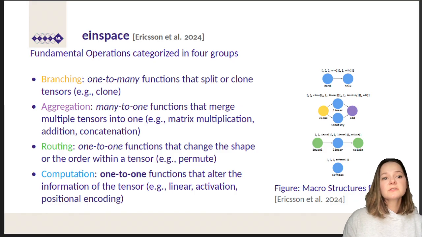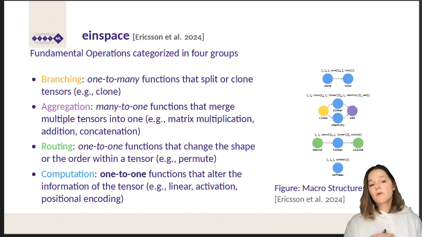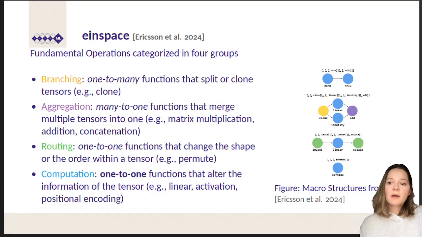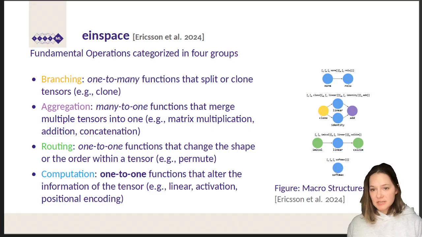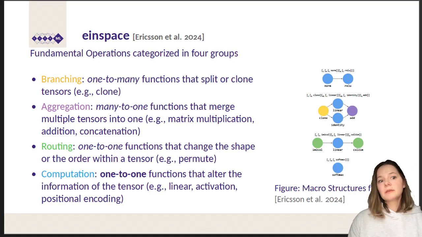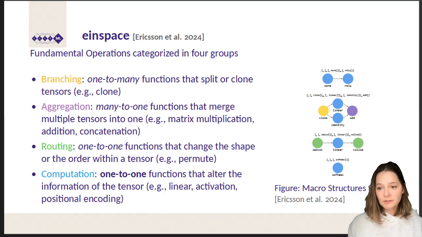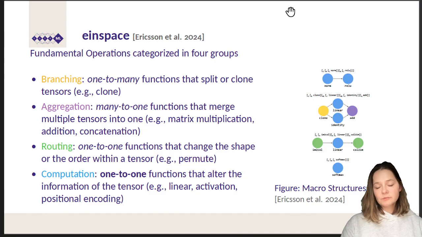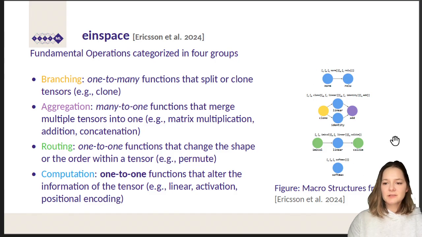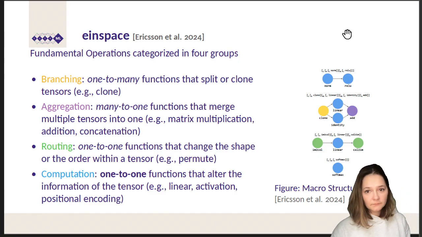So it's a function that directly looks at the flow of information for the network by cloning or splitting a tensor. One example could be a self-attention module where we want to change one tensor to query, keys, and values. This branching operation can be seen here in yellow, also here in that macro structure, in that example from the paper itself.